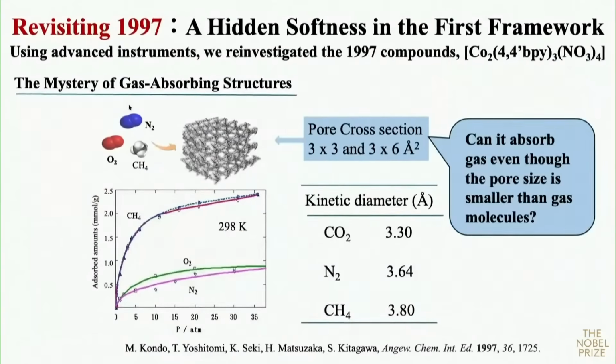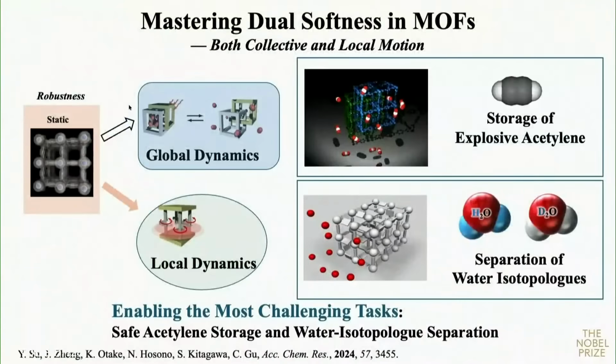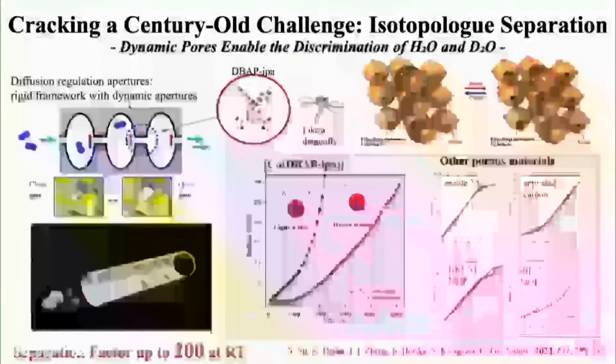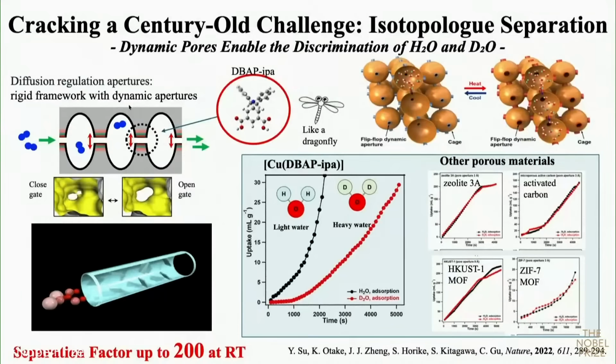So this is the results, and the H2O diffuses much faster than the heavy water in our system. But usual zeolites, activated carbon, HKUST-1 MOF, ZIF-7 MOF, and the other MOF materials show the exact same diffusion.